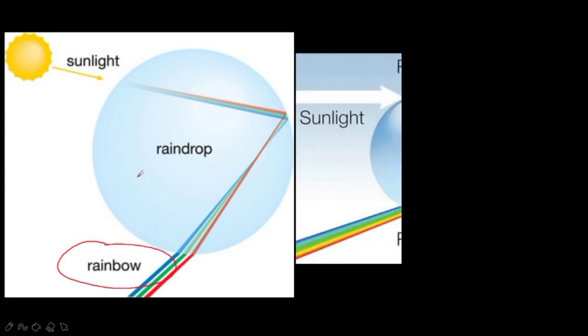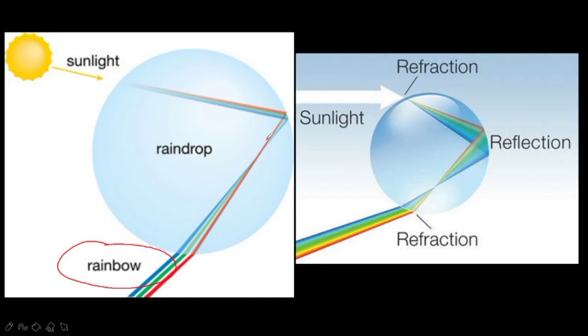So how? Look here. This is the sunlight. When the sunlight falls on the raindrop, it shows refraction. Just now we have studied in the previous topic how refraction takes place in a prism to form rainbow colors. So refraction takes place and the light bends at different angles. Red light bends least, violet bends most, and then inside the raindrop they show a reflection.